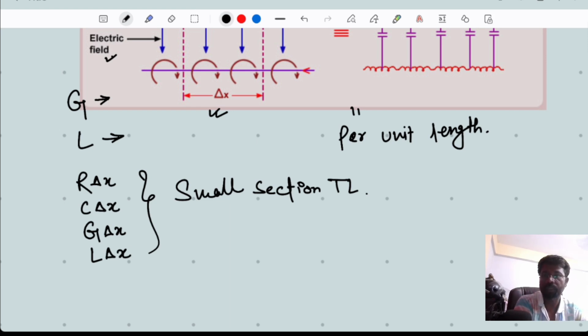Now all the parameters R, L, C and G are defined per unit length. If you are trying to calculate this value for any length, then multiply with the value of length.